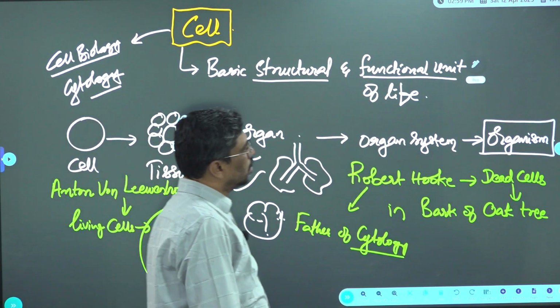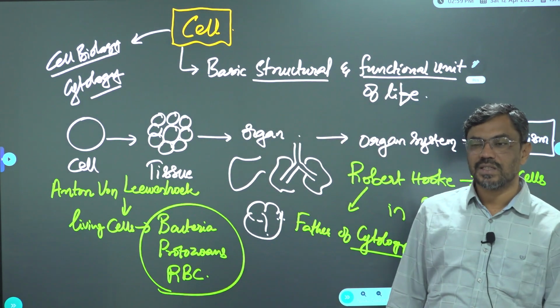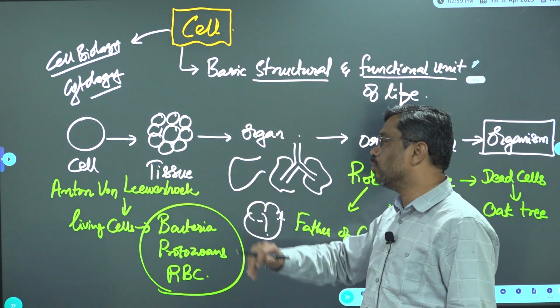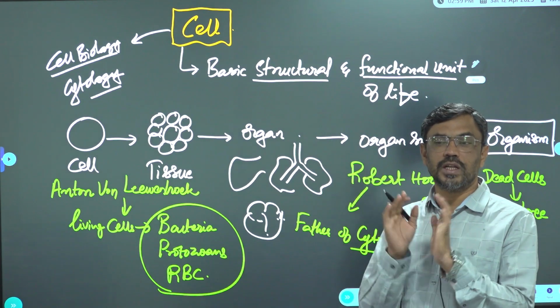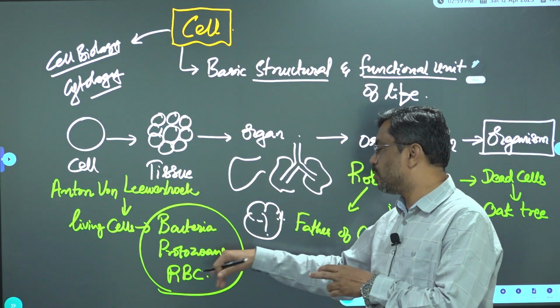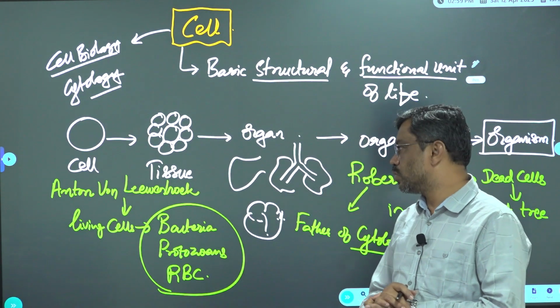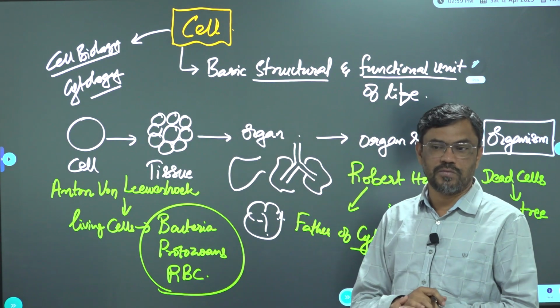So you remember, Robert Hooke is honored as father of cytology because he discovered the dead cells. And Anton von Leeuwenhoek observed the living cells like bacteria, protozoans, and RBC with the help of a microscope. So he is honored as father of microscopy.